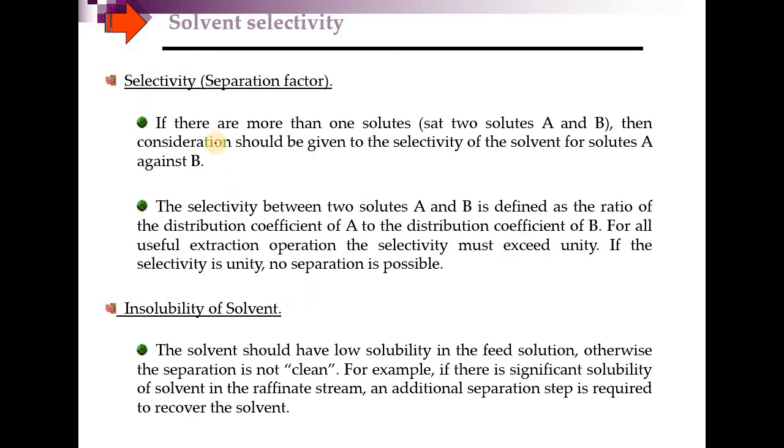So this is another criterion, we call it selectivity or the separation factor.